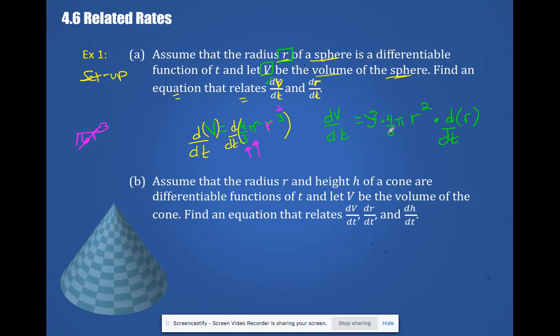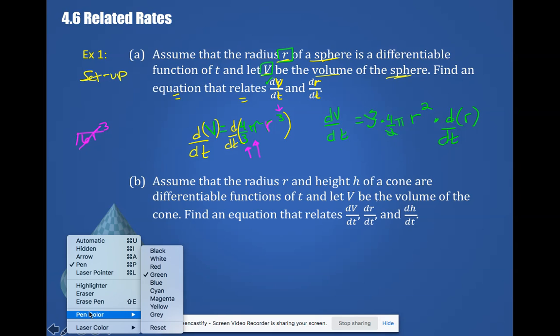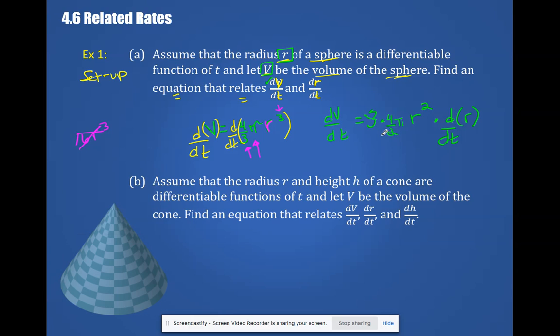Notice that the 3's cancel out. And you are left with the rate of change of the volume with respect to time is 4 times area, pi r squared, times how fast the radius is changing.